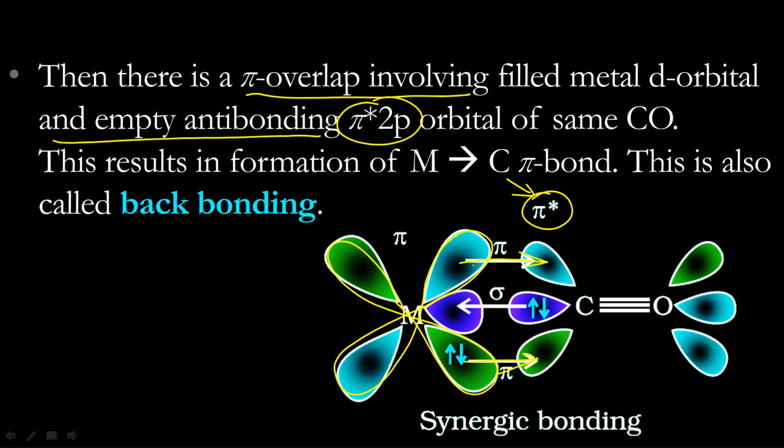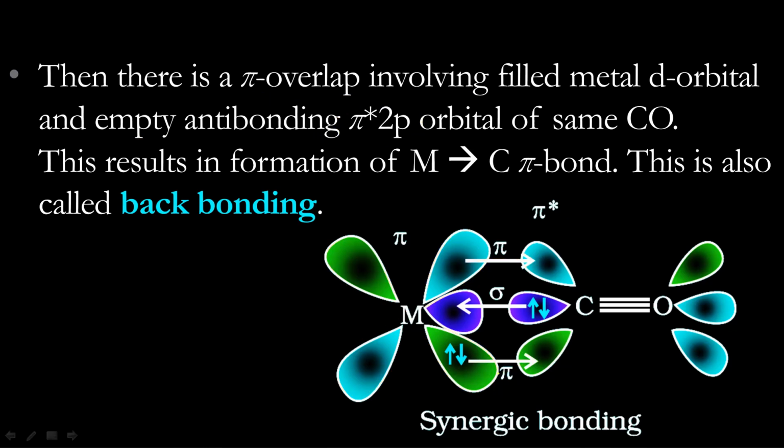So read this statement and memorize it, because it will help you to explain back bonding. And why do we call it back bonding? It happens not only here, it happens in many cases, but this is one example. There is a pi overlap. First, we talked about the sigma one. I am now talking about what happens next.